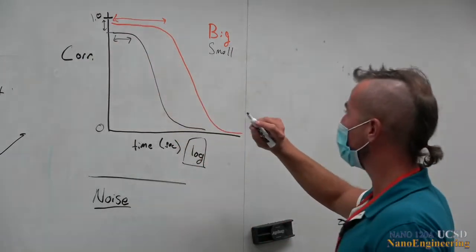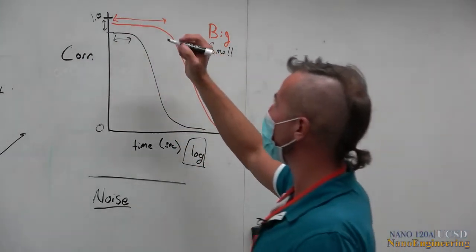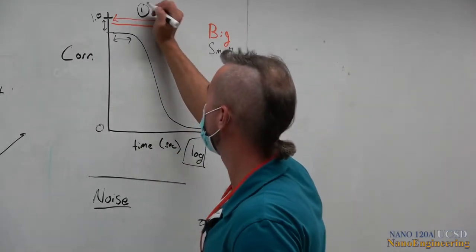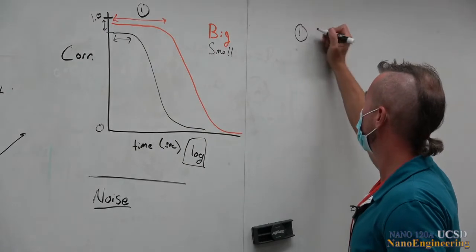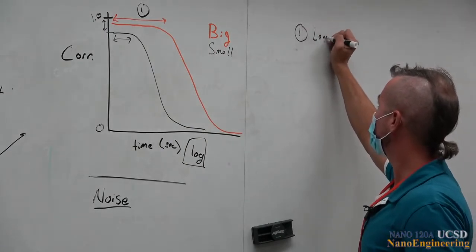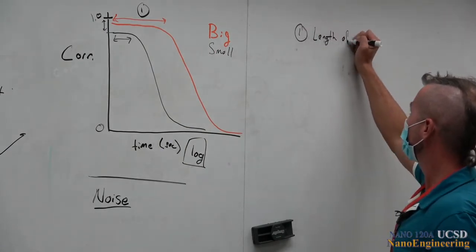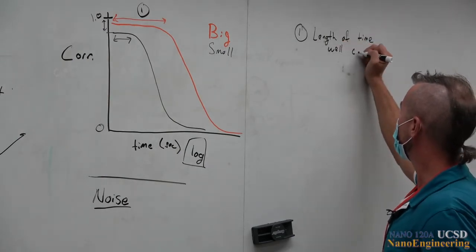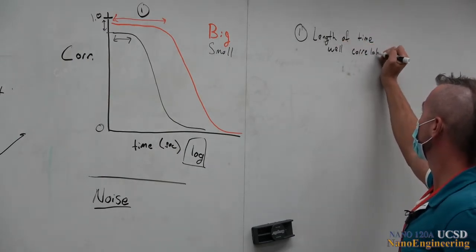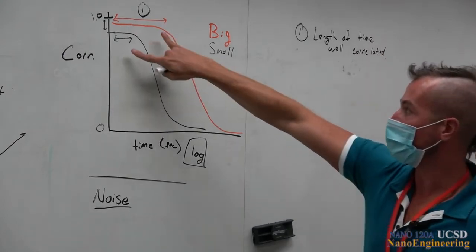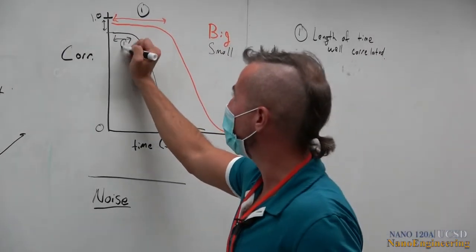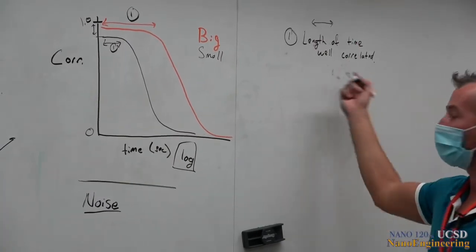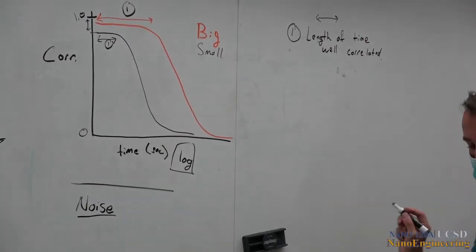Let's call this region 1. Length of time well correlated. So this region 1, this is region 1 right here, right? This metric, length of time well correlated.